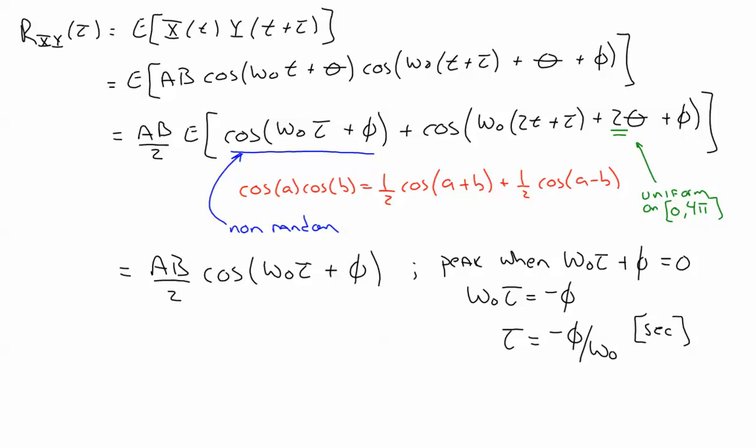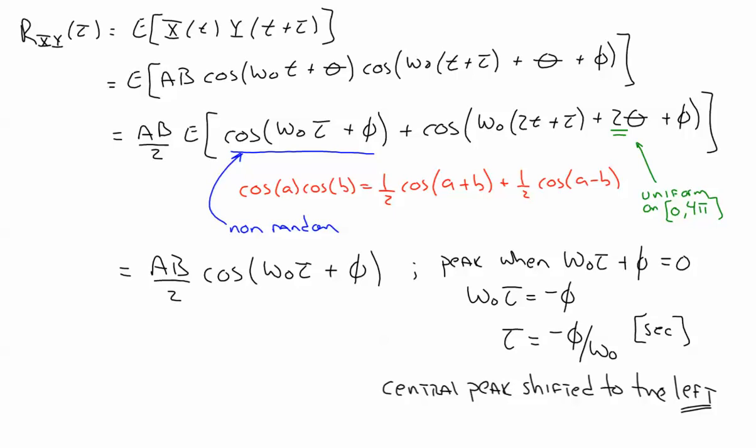By virtue of the minus sign here, we'll see that the central peak of this autocorrelation is shifted to the left in tau. Okay? It shifted a bit to the left in tau.